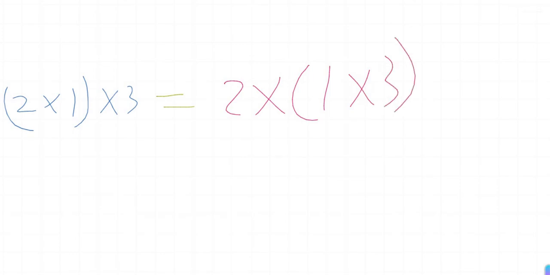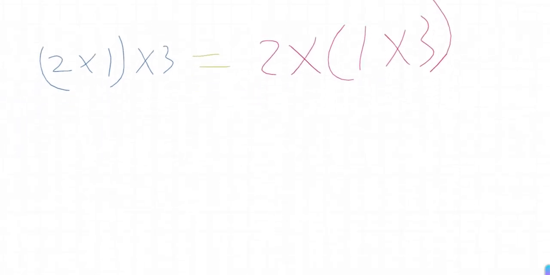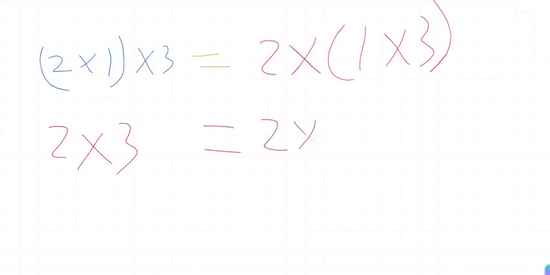Let's simply evaluate this and see what we get for both sides. So we say 2 times 1 gives us 2, times 3, and we say 2 times 3.